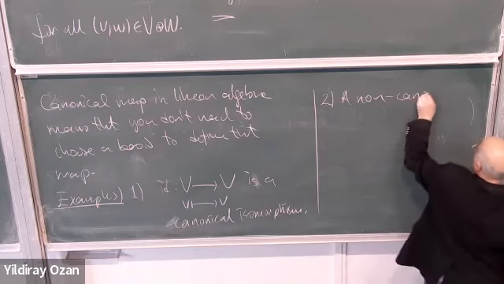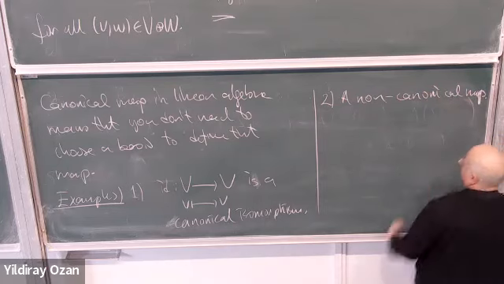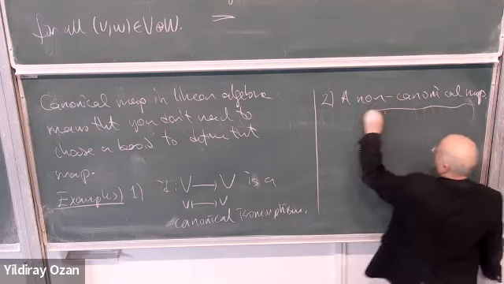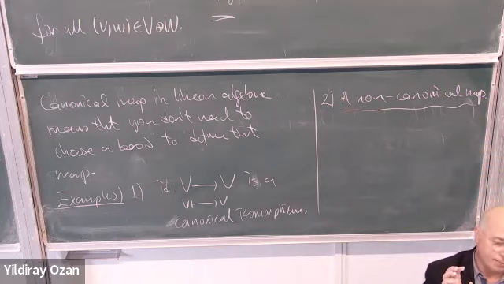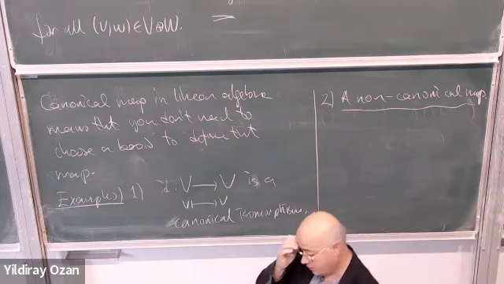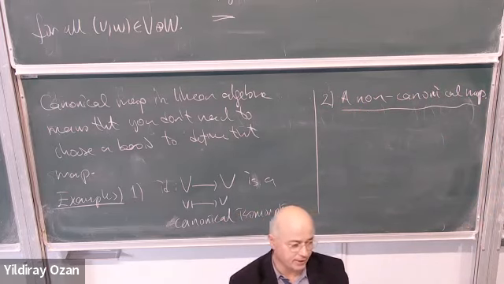Non-canonical map. We know the following. If you have a linear map from a vector space to itself, then given a basis, you can represent that linear map by a matrix, right?